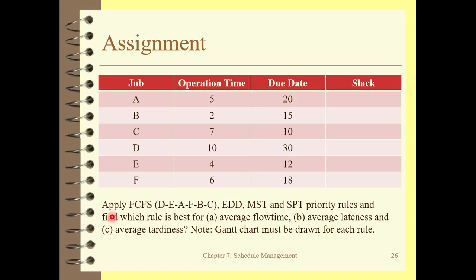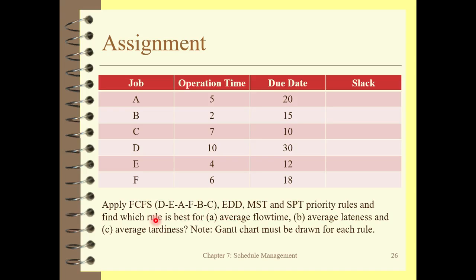I would like to ask you to apply first come first serve, EDD, MST, and SPT priority rules to this set of jobs. But assume that first come first serve has to obey this sequence, that is D, E, A, F, B, and then C. Use this sequence for first come first serve or FIFO.